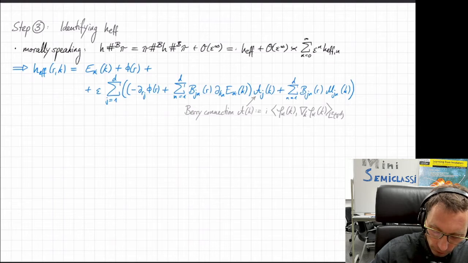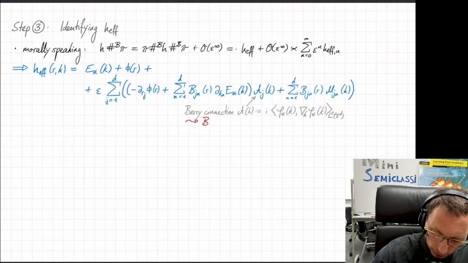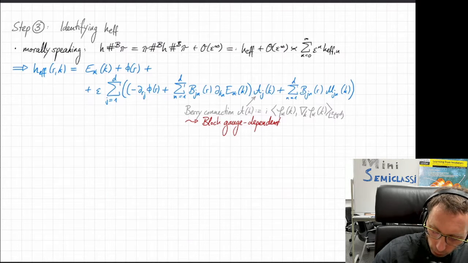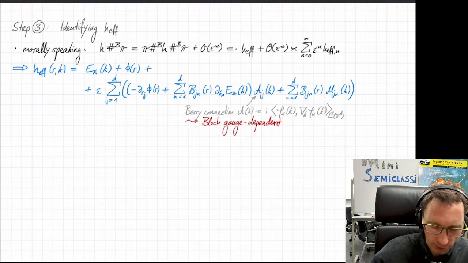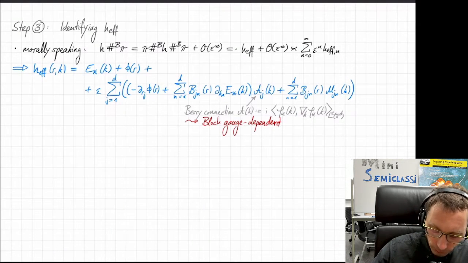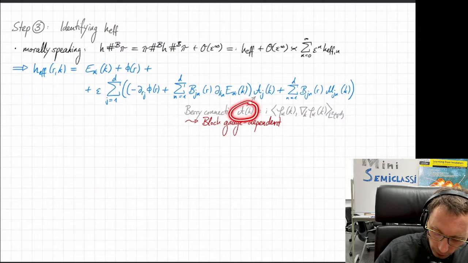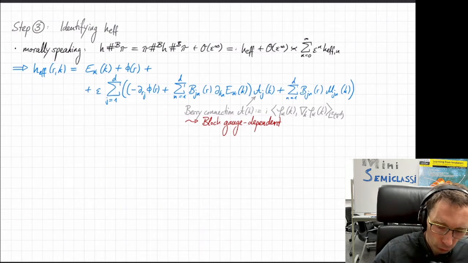And importantly, this term, and let me make this red, is Bloch gauge dependent. So if I change my gauge, so if I multiply my Bloch function by a phase, and the phase, let's say, is analytic or at least smooth, then I get an additional term to the Berry connection, which is the gradient of this phase.